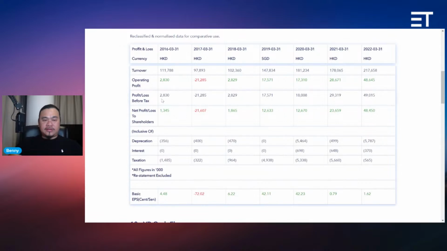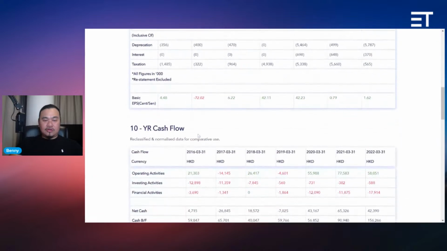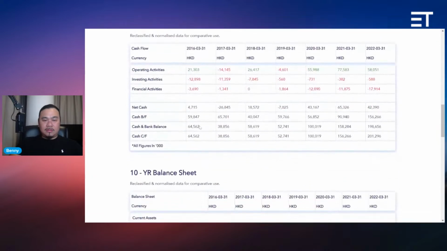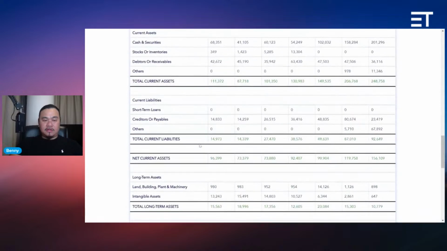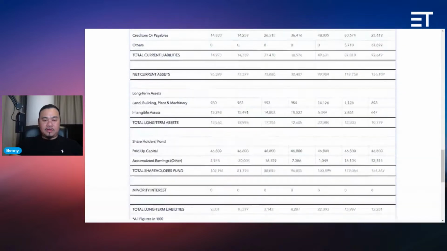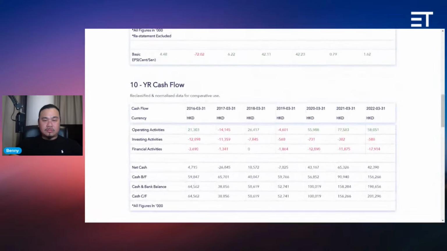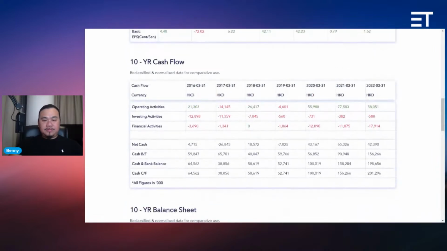Profit before tax has also gone up quite a lot. In 2017, you can see that there's quite a big loss over here. Okay, I'm not sure what the loss is all about, but it could possibly be write-offs on the company. Okay, 10-year cash flow, earlier it was not that consistent.